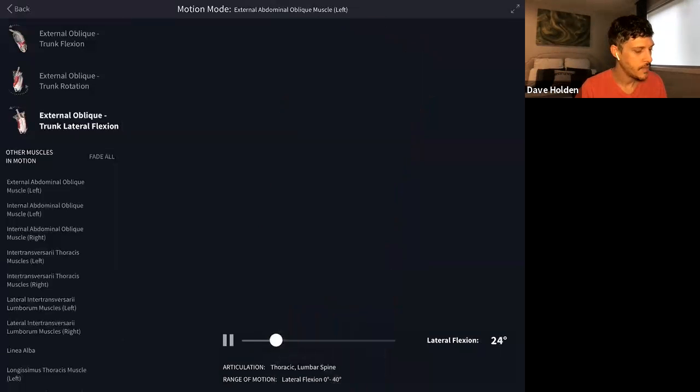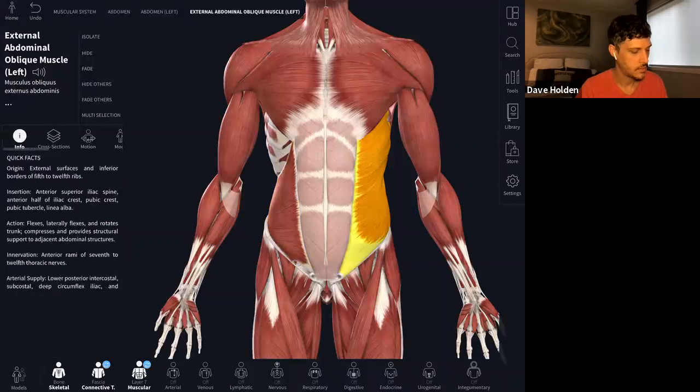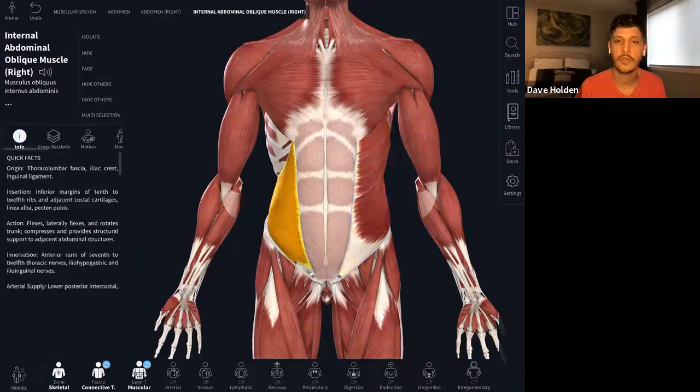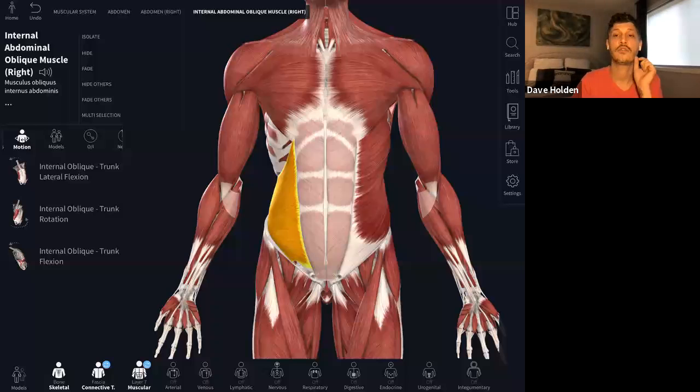Now, internal obliques. Whoa, sorry about that. Internal obliques, same story, we just swap it. Now they are ipsilateral rotators. But they're going to be positioned to do the same thing, lateral flexion and trunk flexion. They're still crossing the joint on the front, so they can do flexion. They're crossing the joints on the side, so they can do lateral flexion.